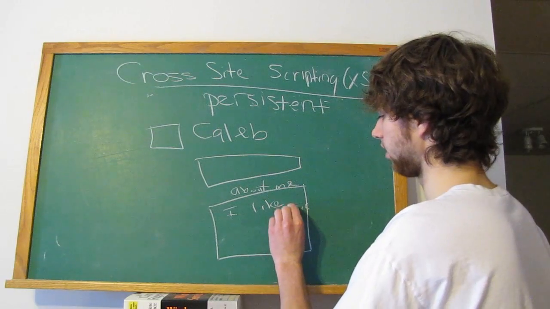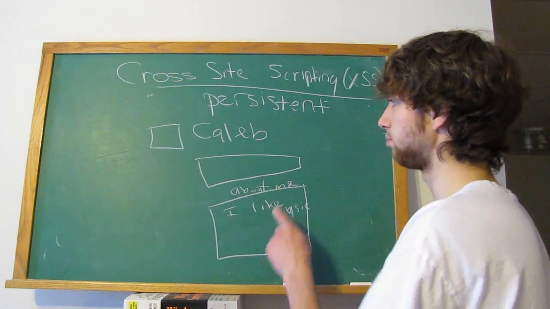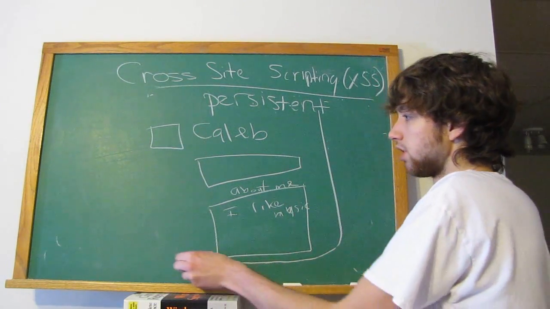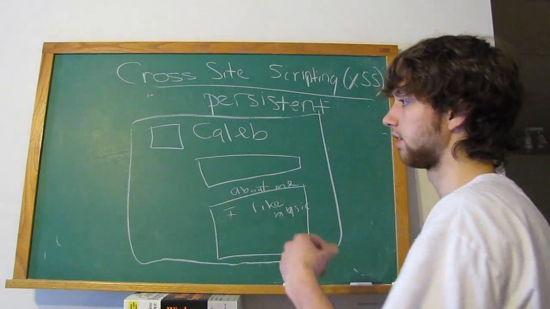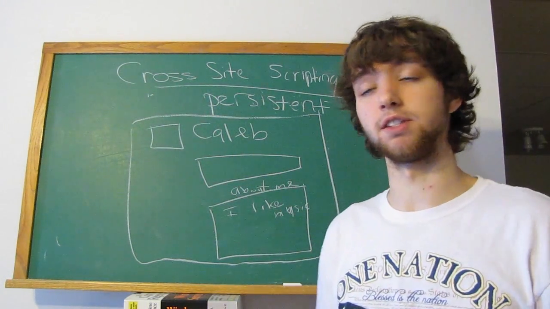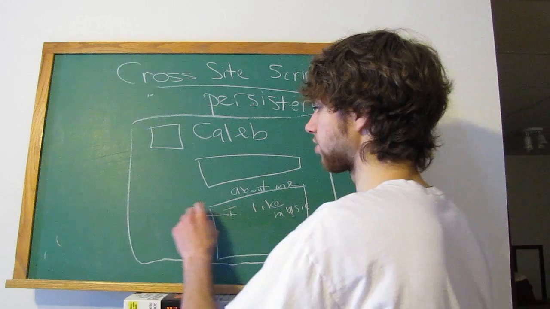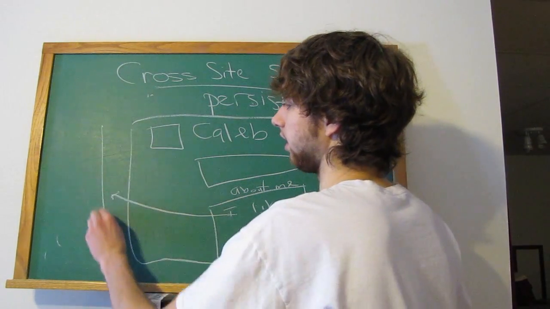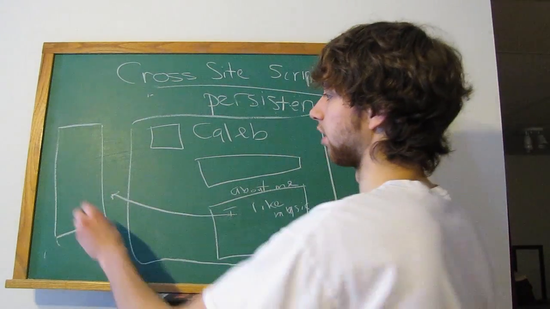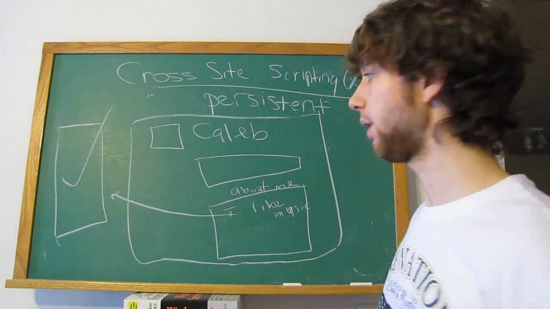But basically, you hide this script behind this page, and then this is saved on the server. So all this information is given to the server, and if they fail to sanitize it, they're going to say, okay, it's good information.